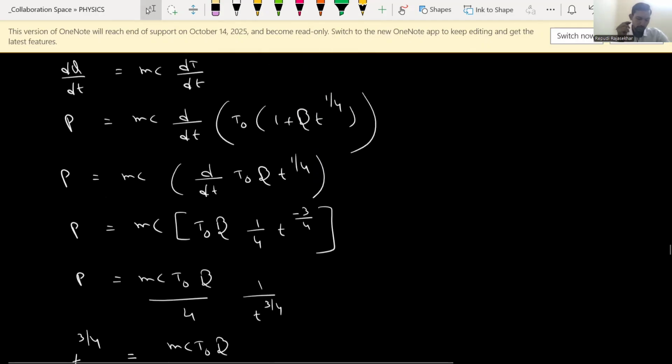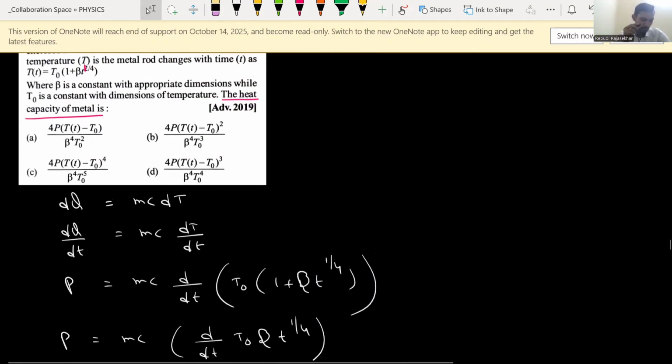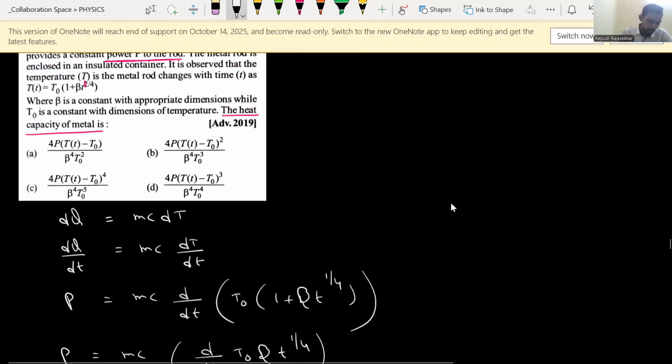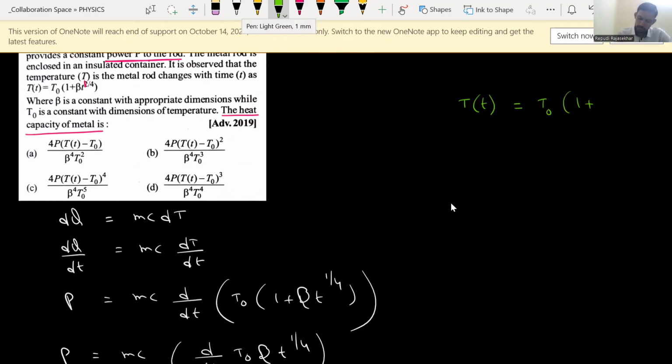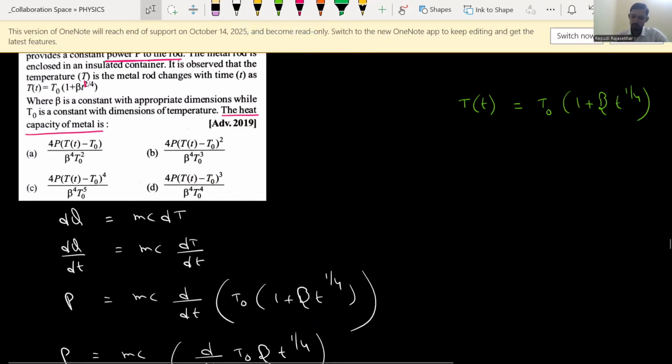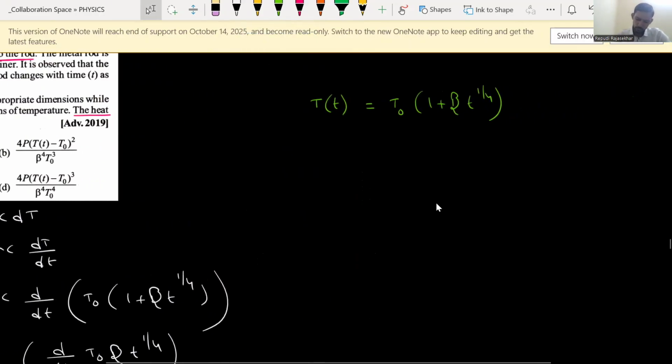Now go to the given question and take the required data. Temperature as a function of time is given. Just write the term here. T of t, temperature as a function of time, equals T naught into 1 plus beta t power 1 by 4. This is the temperature as a function of time given.